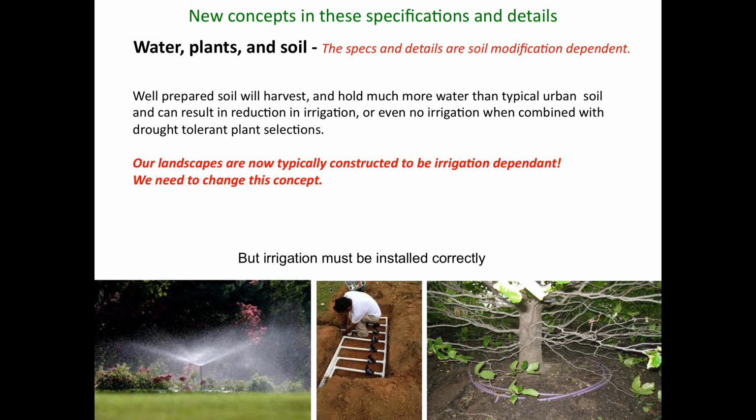And we believe that by implementing both the soils and the tree root zone parts of this specification, we can greatly reduce the amount of water that's needed to establish the plant, and in most areas of the country grow trees and landscapes, with the exception of lawns, without any irrigation after establishment. This is going to become a very important factor to the profession as more and more of the country starts looking like California.